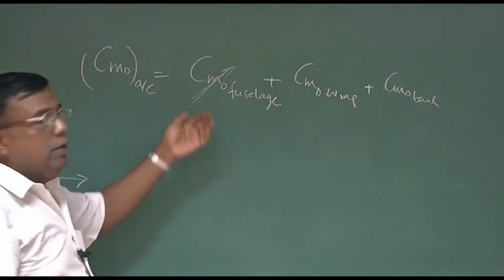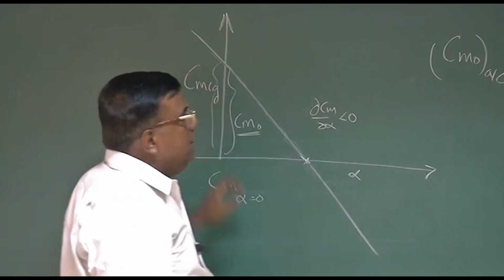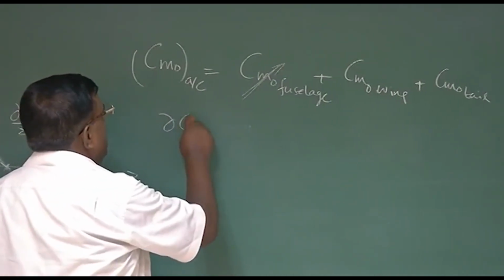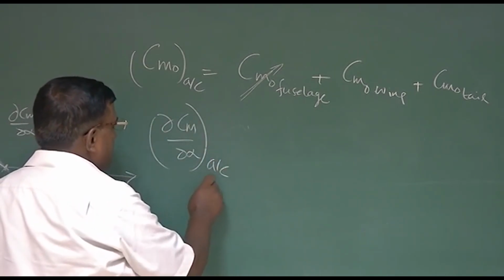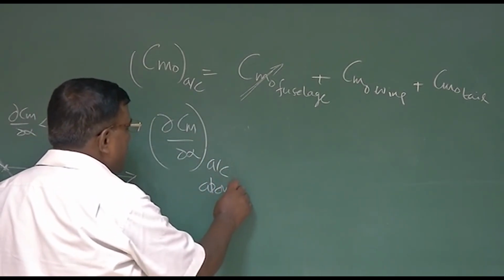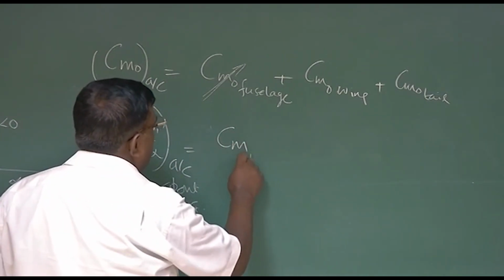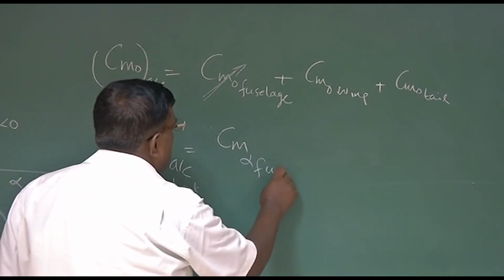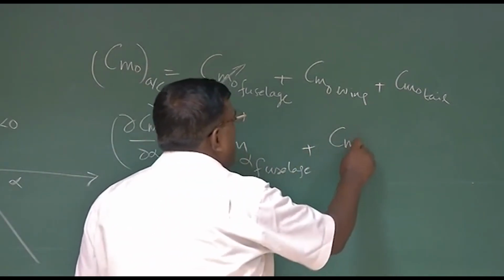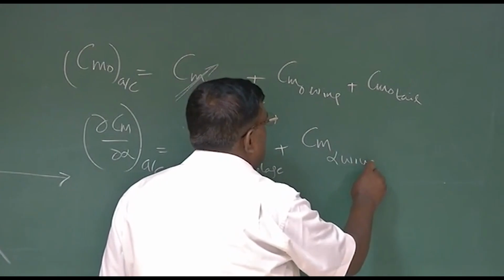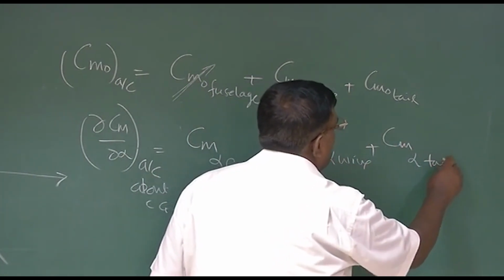That doesn't mean it is 0. So that is Cm naught, Cm at alpha 0. Then similarly, dCm by d alpha of the whole aircraft, which is about CG, we haven't forgotten that, the contributors will be Cm alpha fuselage, similarly Cm alpha wing plus Cm alpha tail.